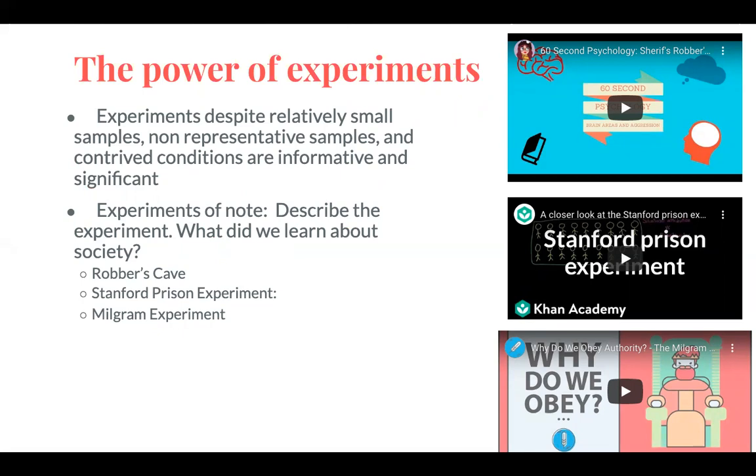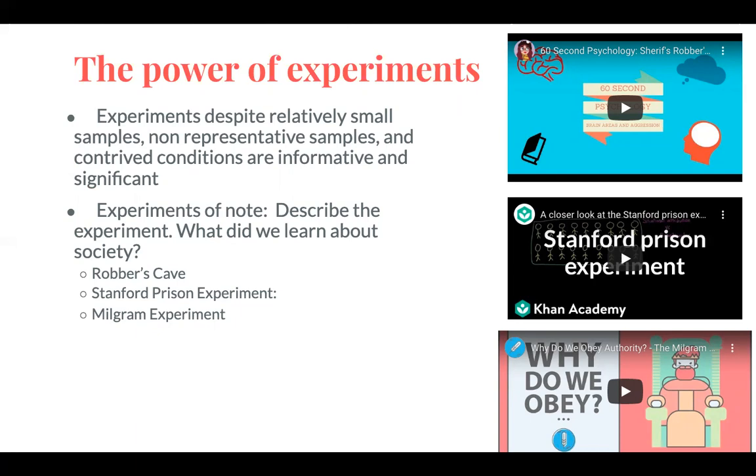And then, especially for true classic experimental design, where it's in that lab setting, with the intervention and the random assignment to the control or the experimental group, these conditions are contrived. These are not real world settings, and they aren't meant to mimic real world settings.